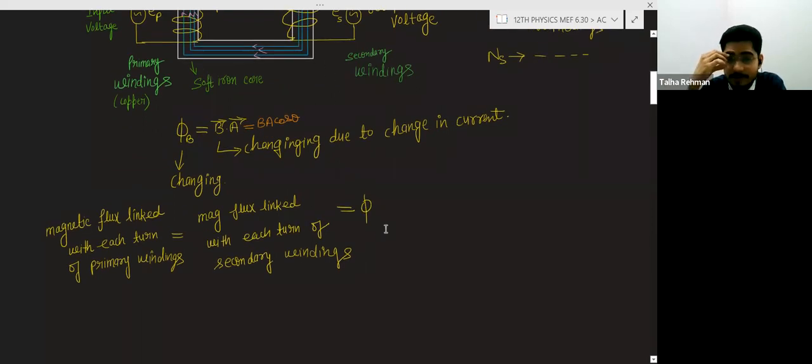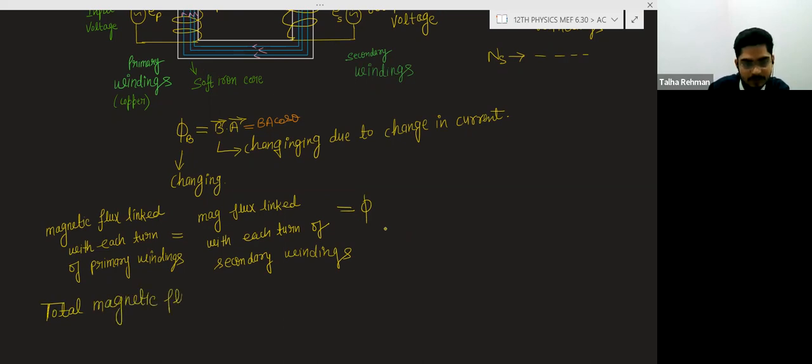Now if I want the total magnetic flux in the primary winding, suppose it is phi suffix p.